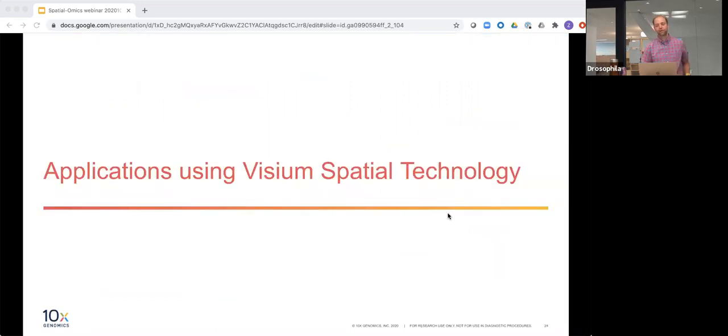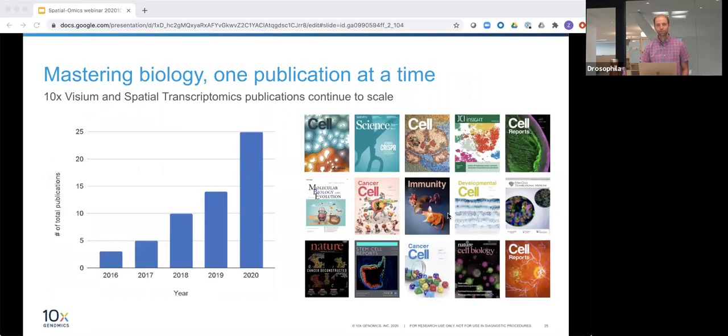So what are some of the applications of this technology? There's a lot of interest in this. I think obviously this group is very familiar and aware of the spatial field. But there are a lot of papers coming out, and it's going up and up over time, looking at either the Visium technology or the original spatial transcriptomics publications.